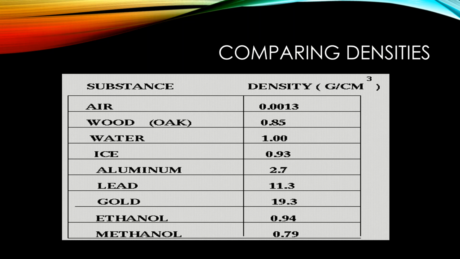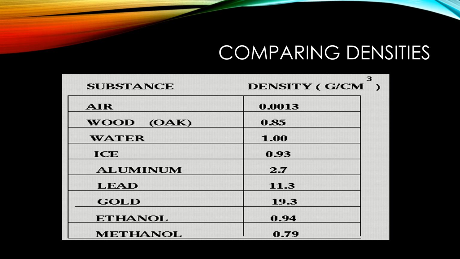Air has a density of 0.0013, which means air floats on water. The density of wood is 0.5. Is that less than 1 or greater than 1? It's less than 1, and if it's less than 1, then it will float.